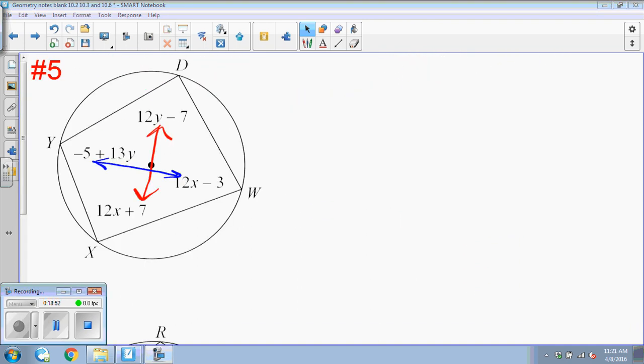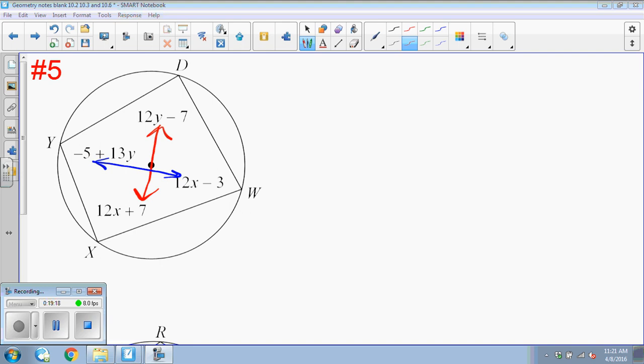Okay, so we have to write both equations, and then we're going to have 2 equations and 2 unknowns. And then we have to solve that system of equations. I would use elimination. You can use substitution or you can use elimination. I find elimination easier, especially when one of the variables is already just about set up for you. Okay, so what does this look like? Let's do the red one first.